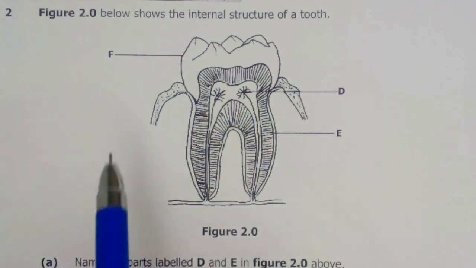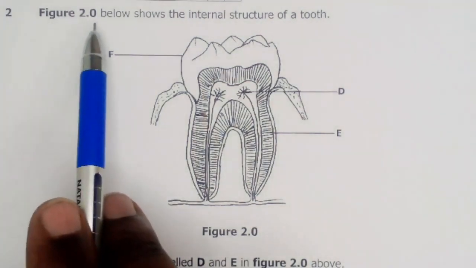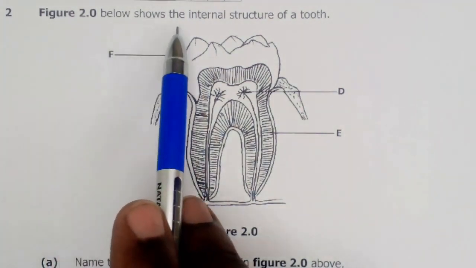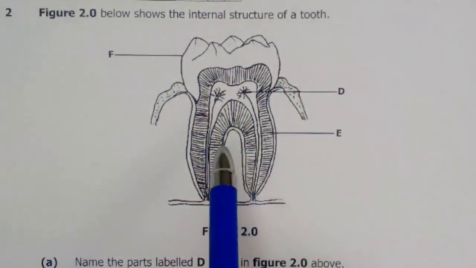In this video, I'll be looking at the solutions to question number 2 for biology paper 2 for the year 2020 for GCE candidates. This is question number 2 and we have figure 2.0 below, which shows the internal structure of a tooth.